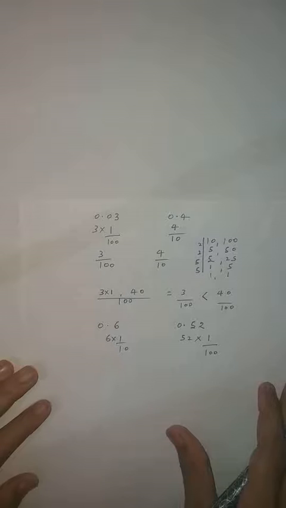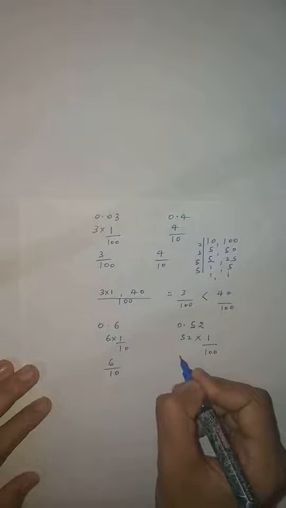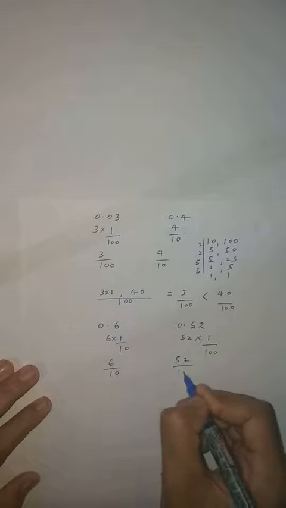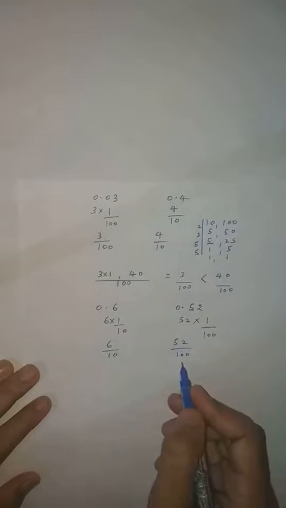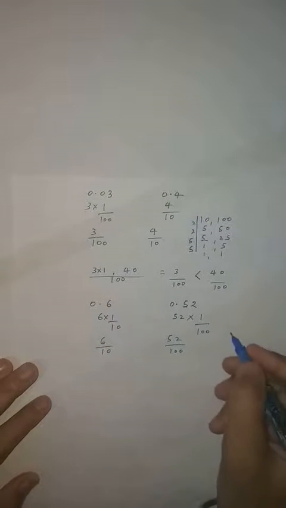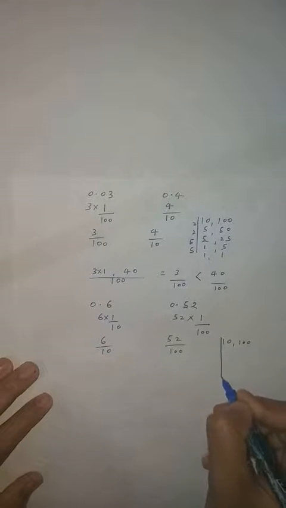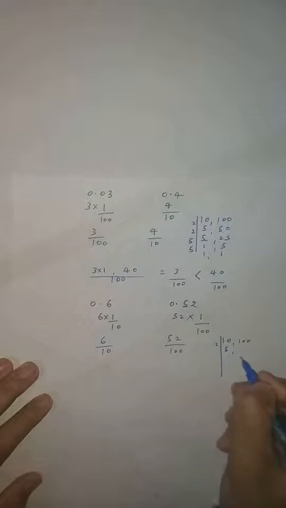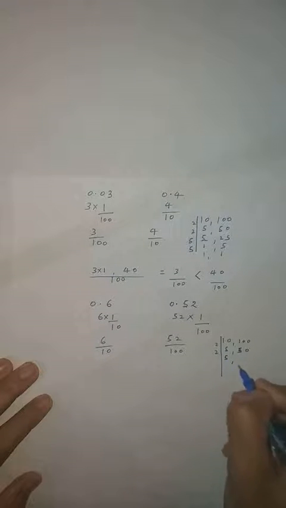So it will become 6 upon 10 and this will become 52 upon 100. Clear, students? Now again you will see this is 10, this is 100. Clear? So the denominator should be equal. So what will you do? You will apply LCM, to take out the LCM of 10 and 100. You know that the LCM of 10 and 100, again 2 5s are 10, 2 5s are 10, then 0, then 2, this is not divisible, so you will copy.